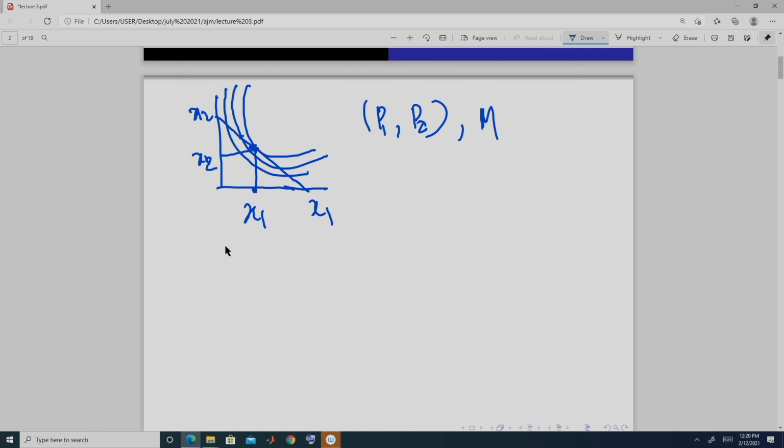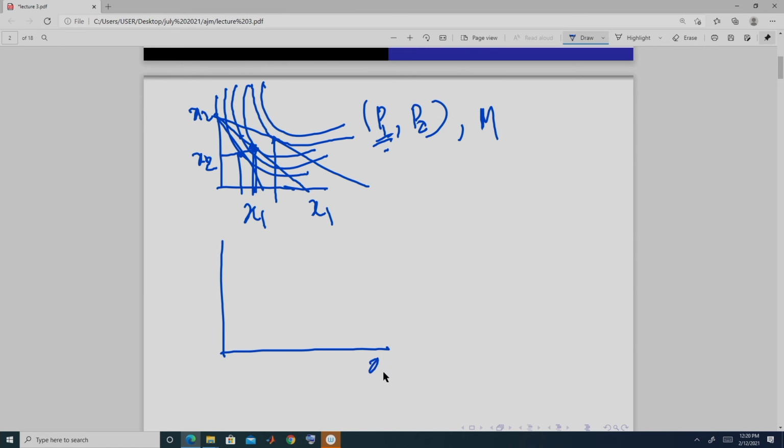Now if we change the price of good 1, suppose we reduce the price, this is our new optimal point. Like this, we will get different optimal points as we change the price of good 1, and so we will get the demand curve.